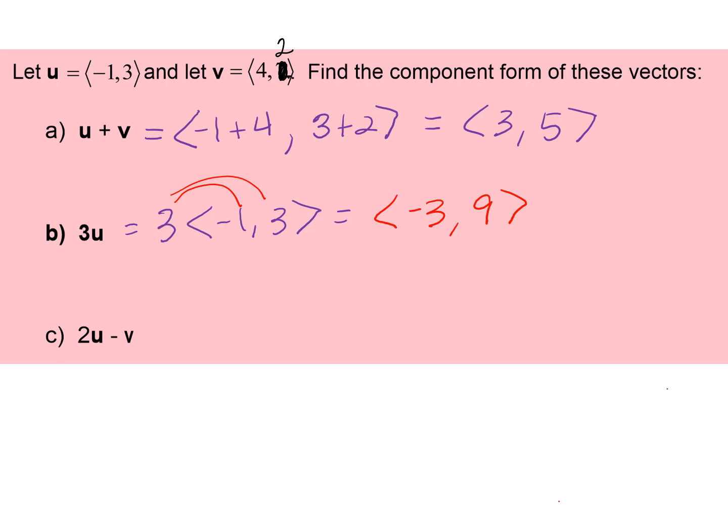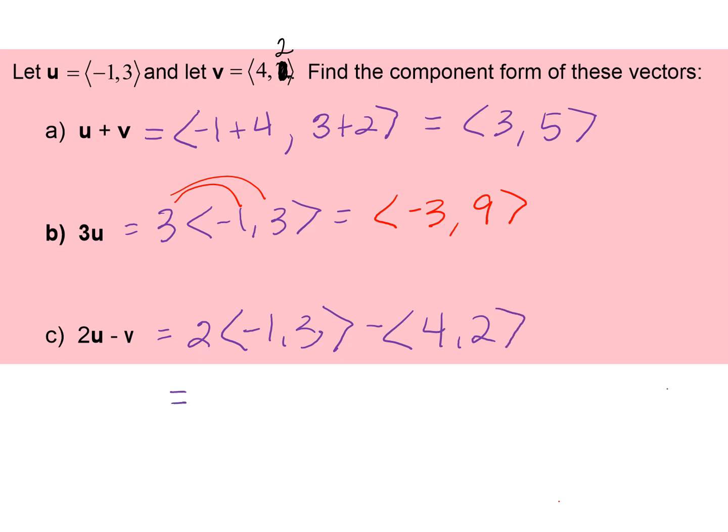And then lastly, this one's kind of a two-step. So we have 2 times vector u. And again, notice I'm trying to be careful and make sure I'm using my alligator brackets. Vector u was <-1, 3>, minus vector v, which is <4, 2>.